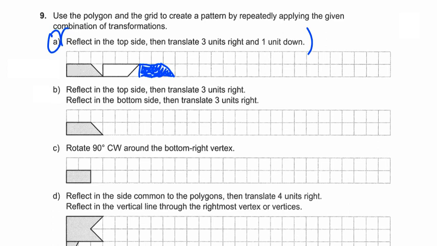And then I'm going to do that again, reflect up here, 3 right, 1 down. So my next shape would be like this. And you can see how it's going to keep repeating itself. So the one with the part that's pointing up like that, I would be shading. And the one with the part pointing down, I would not.